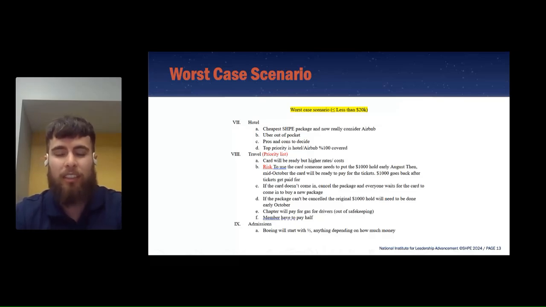For the hotel, now we could look at a cheaper option and consider Airbnb. For travel, we start thinking about trains and more driving to the location. Then we'll bring some numbers in, and move on to the next slide with our nationals calculator.